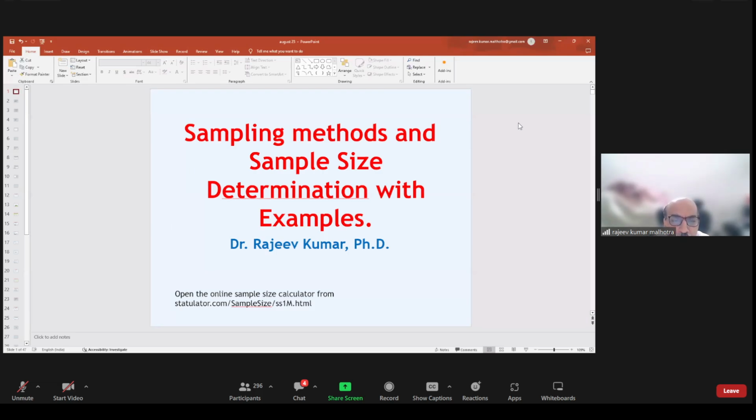We will do hands-on on this calculator, and you can also open the sealed envelope website for randomization. Both things you can open simultaneously, and we can do the hands-on for randomization and sample size determination.